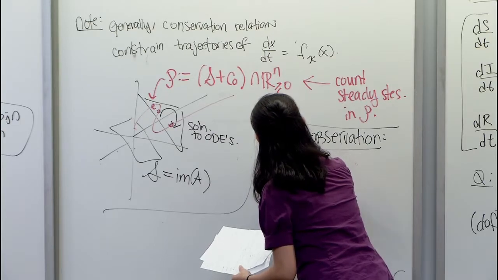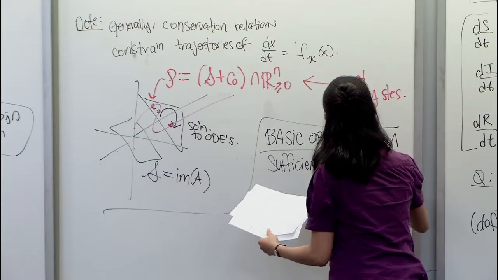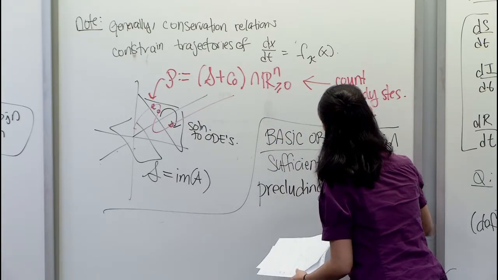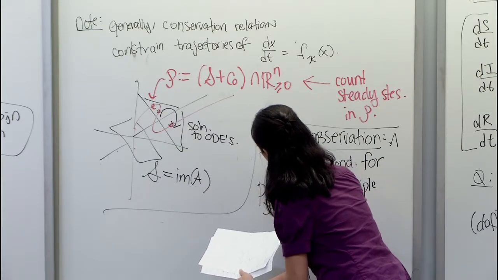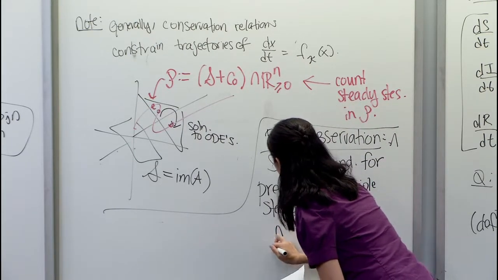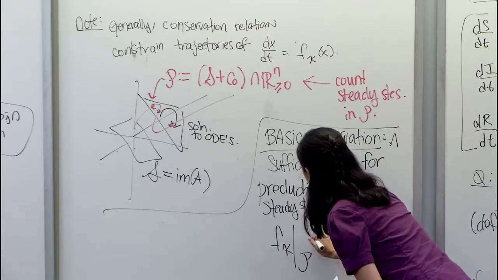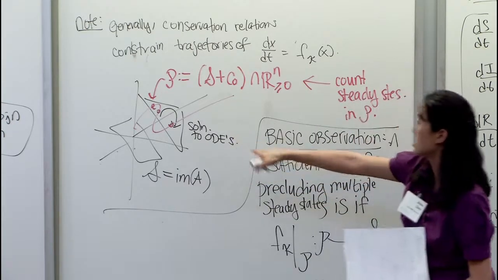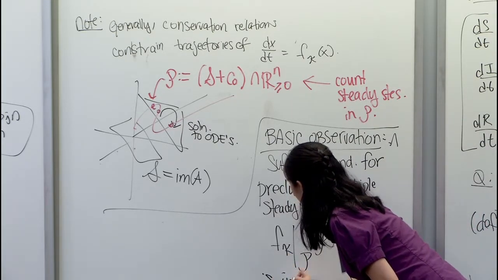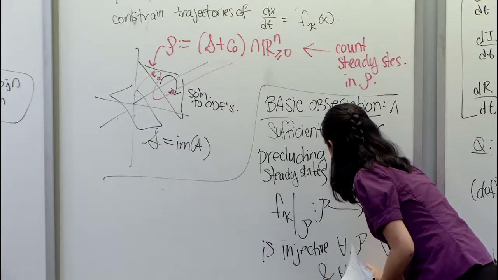A sufficient condition for precluding multiple steady states is if the map of ODEs restricted to P, which goes from P to the subspace S, because this is where my ODEs live, in the subspace S, is injective for all P and for all kappas.